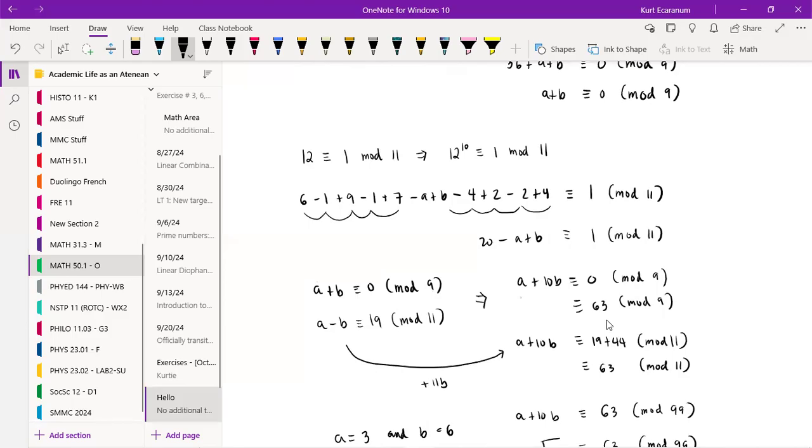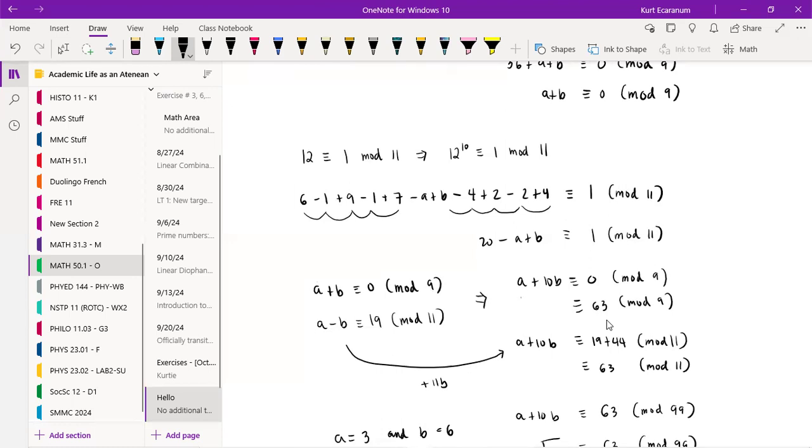And so, by divisibility rule of 11, ginawa natin siya for the right side. And then we come up with 20 minus A plus B congruent to 1 mod 11, which we were able to manipulate as A minus B congruent to 19 mod 11.